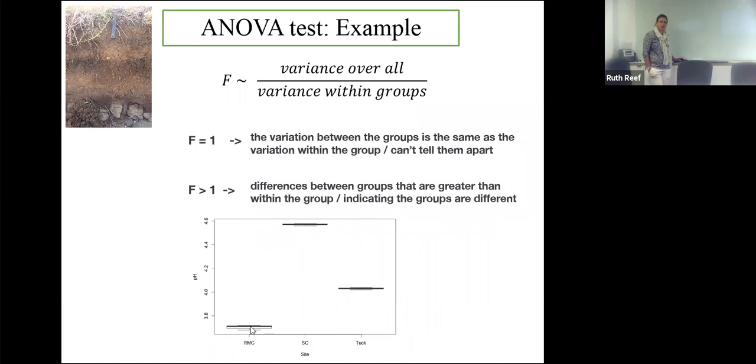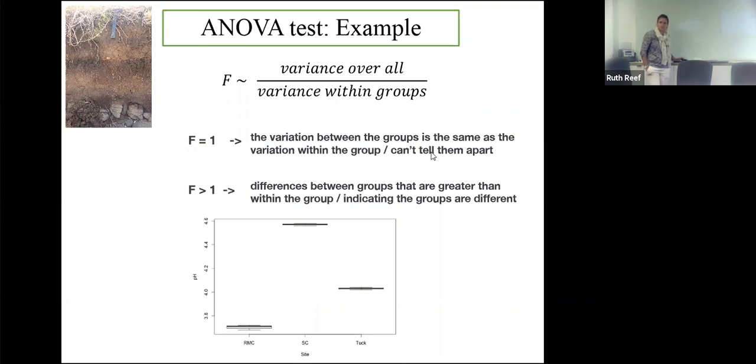And I can plot the pH at the different sites. And what you can see is the means are really different. There's very little variation around the mean. So this box plot that shows the variation around the mean is very condensed. And I can calculate an F. So if I have an F that's equal to 1, right, these are the same.